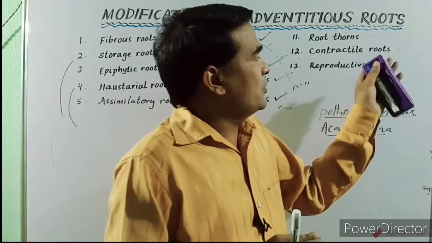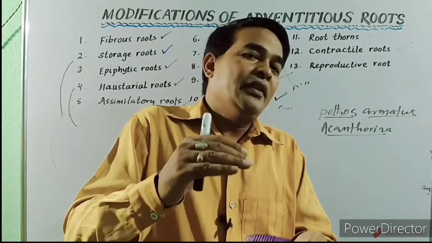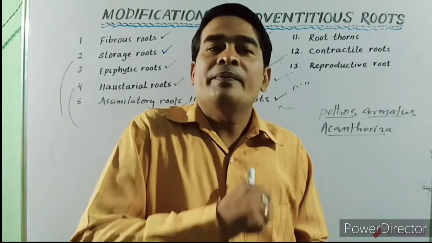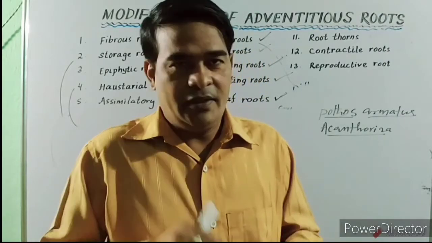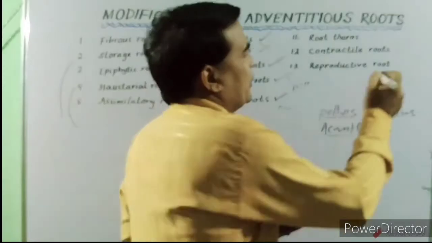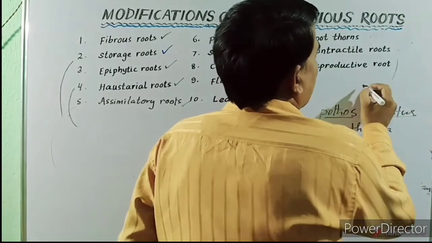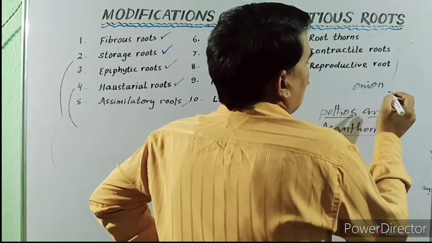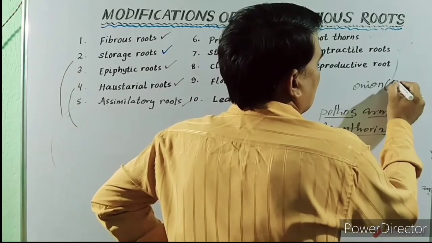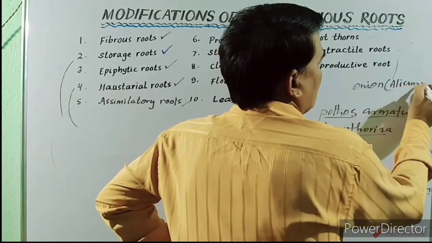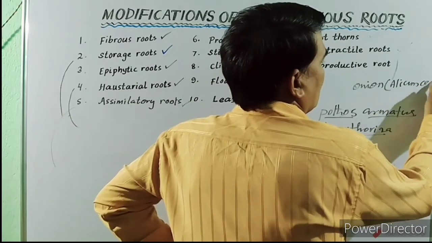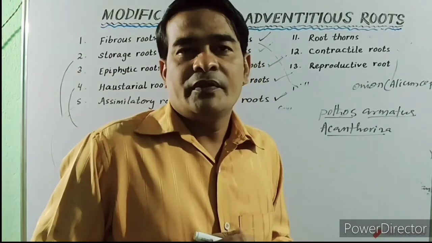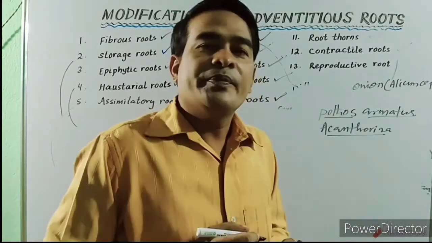The contractile roots shrink and keep the stem in a proper depth in the soil. Okay, as found in onion, Allium cepa, garlic, ginger, then crocus, which we call saffron, etc.